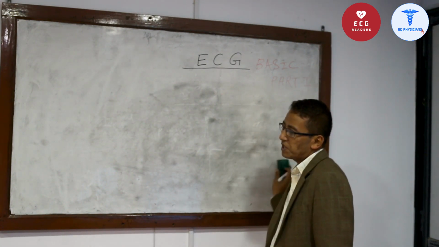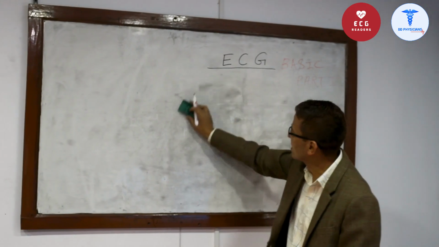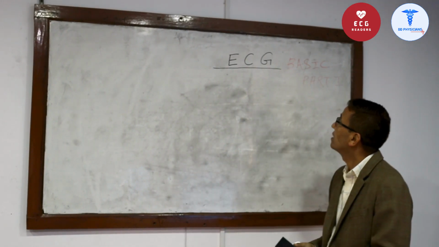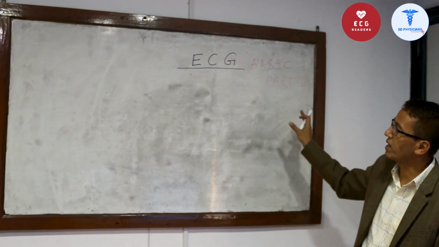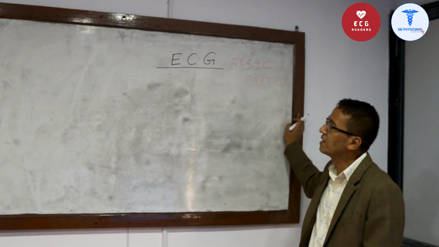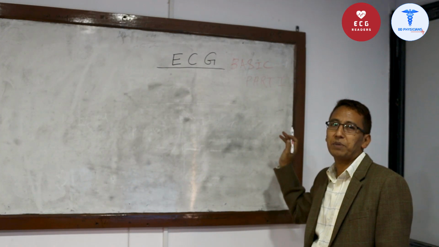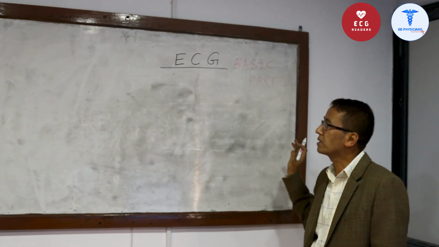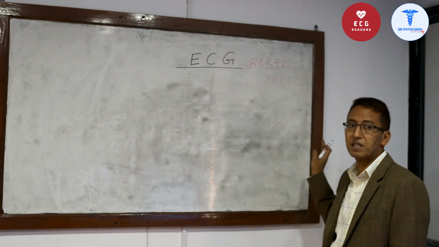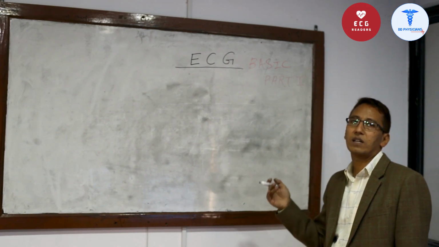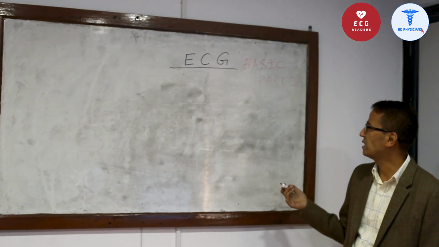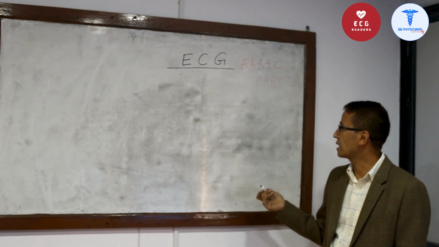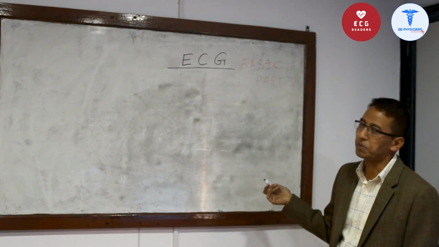So we have just introduced what an ECG is, how the graph paper is calibrated in the x-axis and y-axis, what the normal waves are, what the P wave represents, what the QRS and T wave represent. Similarly, we introduced the intervals like the PR interval and QT interval, and segments like the ST segment and TP segment.